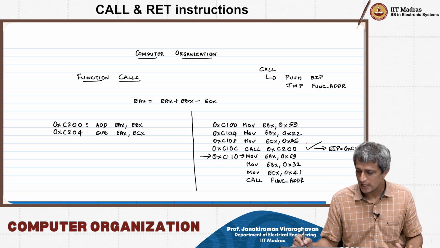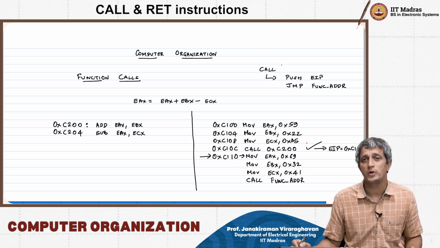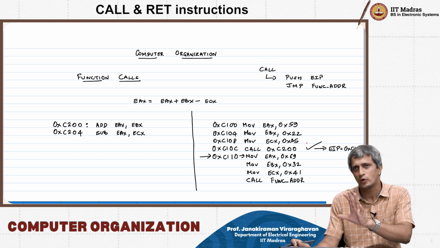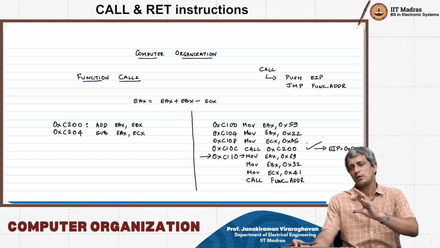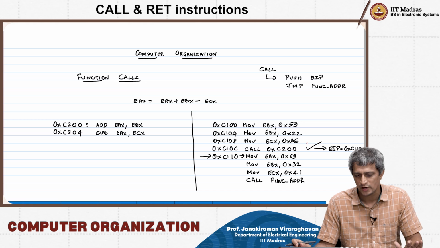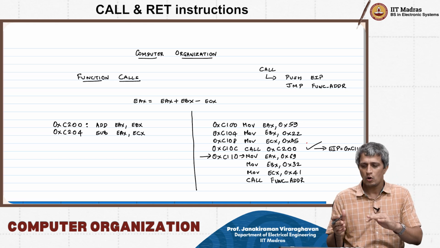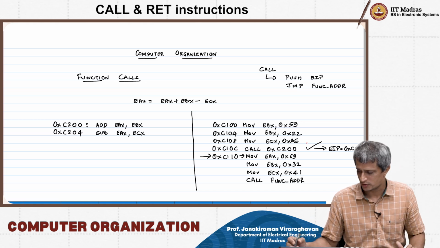So these are the two things that implicitly happen when I call a function. We will look at the picture of the stack and many other things later, so that we get a very clear picture. Now assume that I have done this.